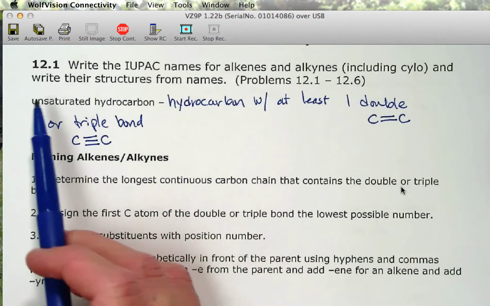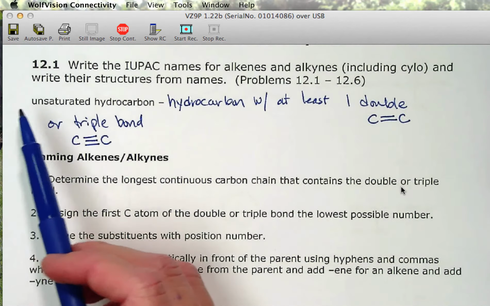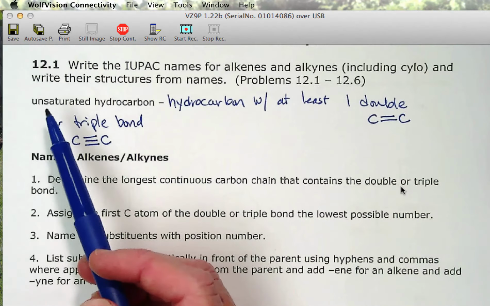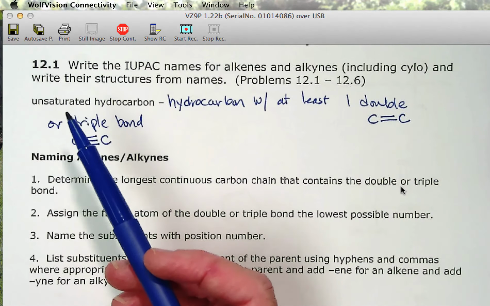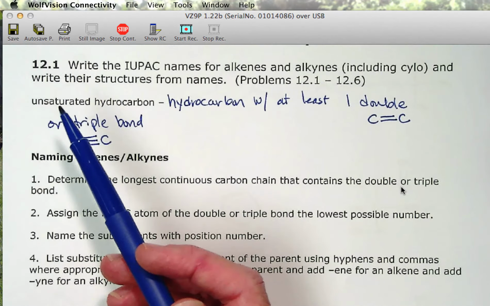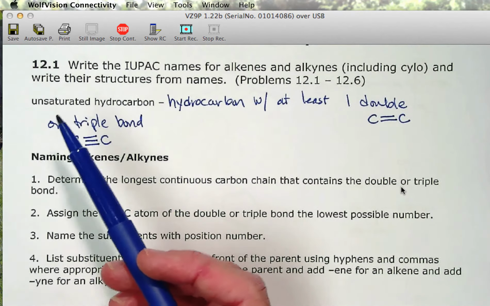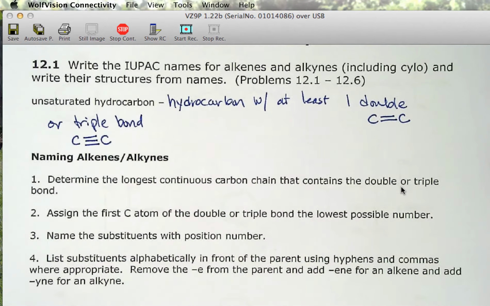So unsaturated. If that term doesn't immediately evoke a double bond or triple bond in your mind, try to get that term to mean double or triple bond. But it always took me a while to equate those two.